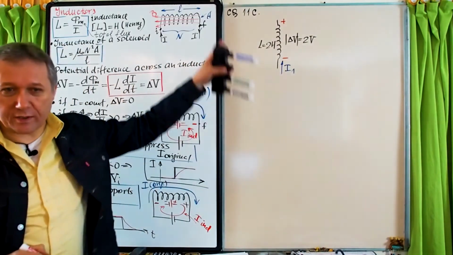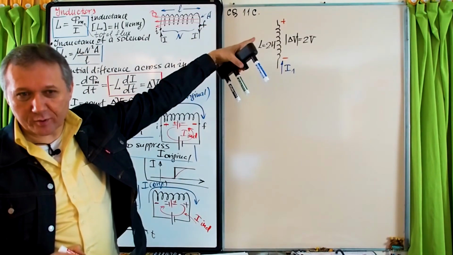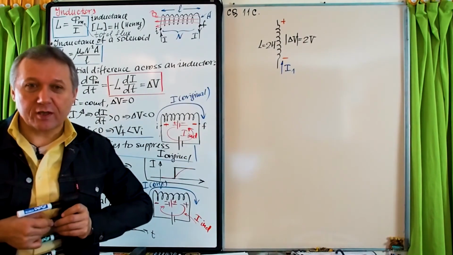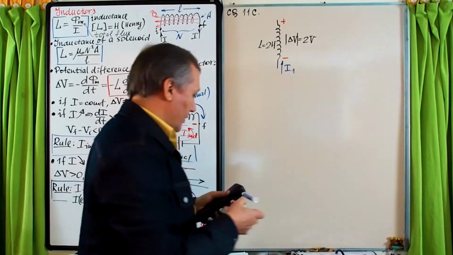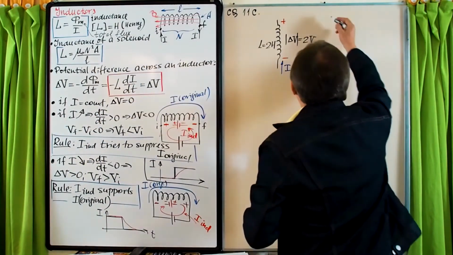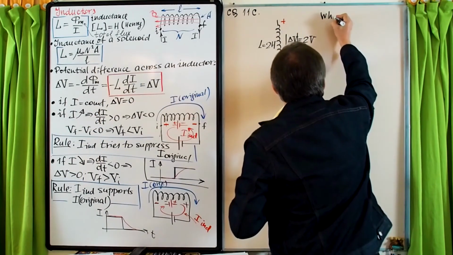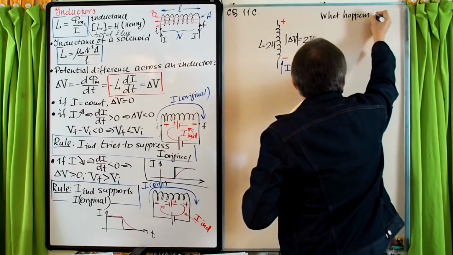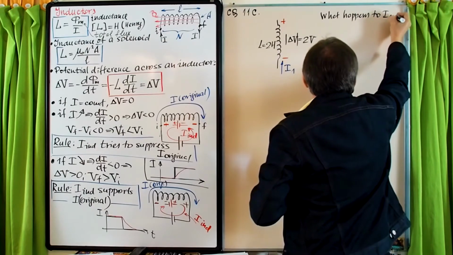So the solenoid creates a higher potential at the exit and a lower potential at the entrance. So we need to answer the question, what happens to this original current? What happens to I1?